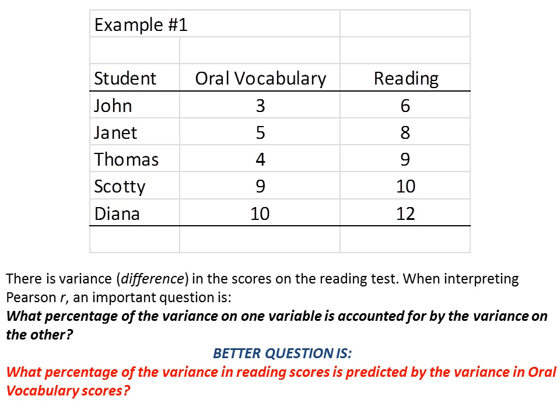When interpreting the Pearson r, one of the important questions is what percentage of the variance on one variable is accounted for by the variance on the other. If we are trying to predict reading scores from oral vocabulary scores, the question might be better phrased as: what percentage of the variance in reading scores is predicted by the variance in the vocabulary scores?